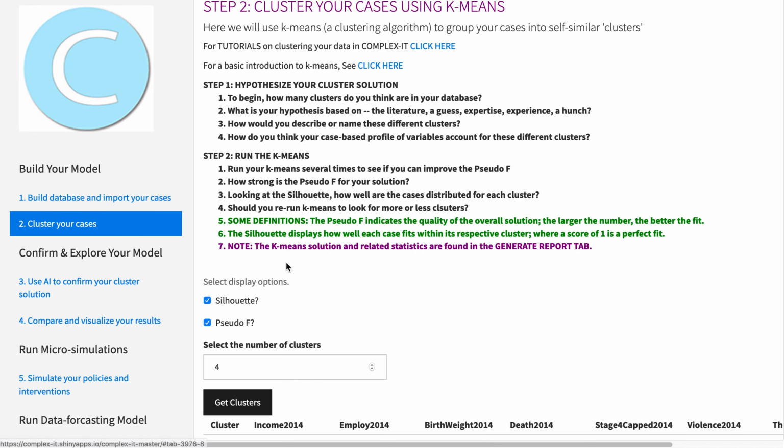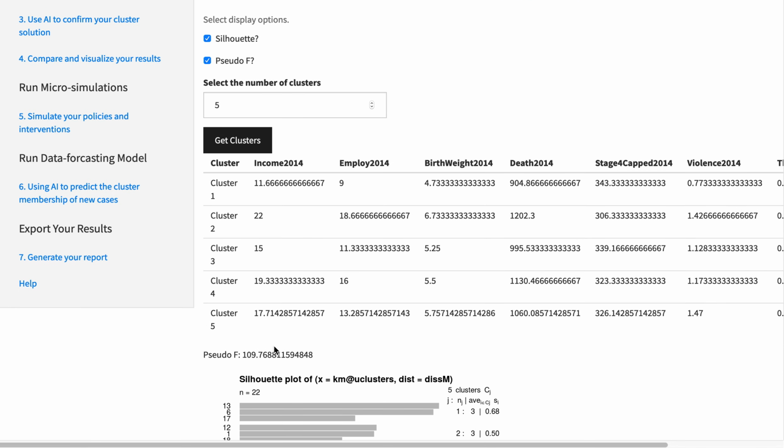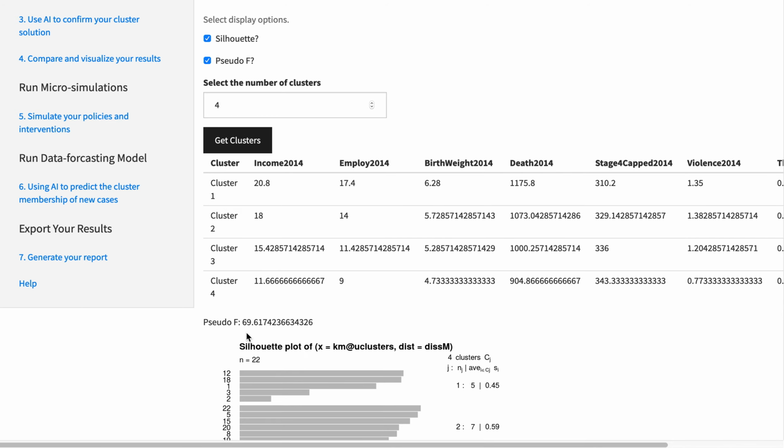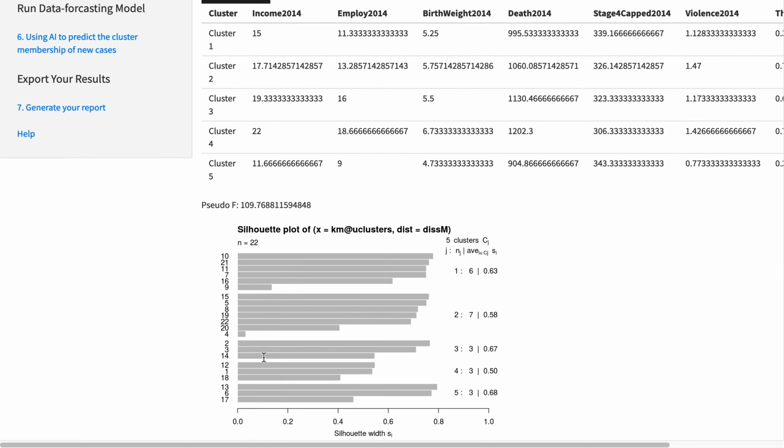So one of the things you can do then is go in and perhaps push your cluster analysis. Let's try, for example, a 5-cluster solution. We see that the F statistic goes up quite significantly in comparison to the 4-cluster solution. The 4-cluster solution is at 69, whereas a 5-cluster solution is getting us a nicer fit overall.